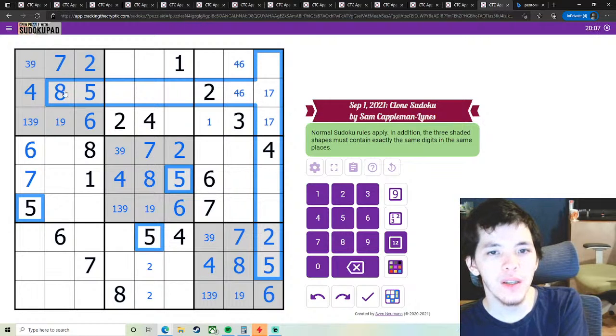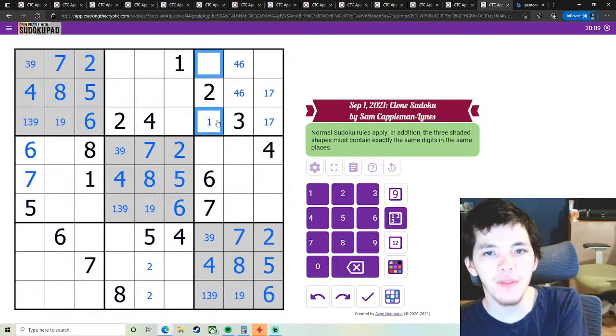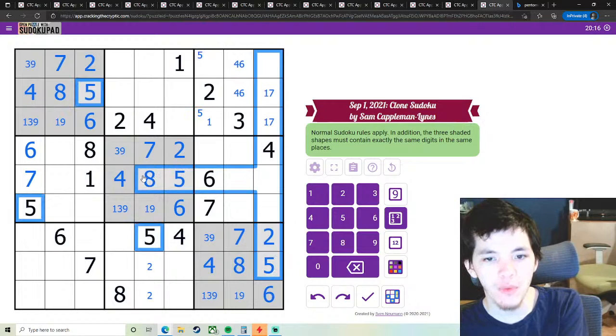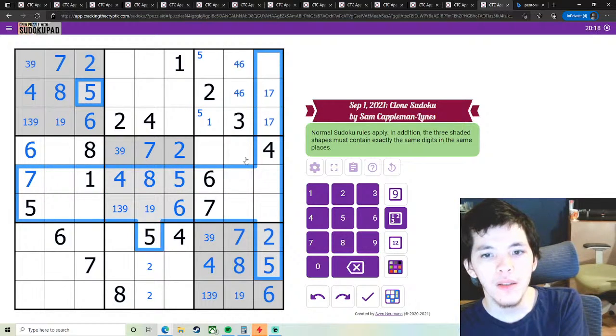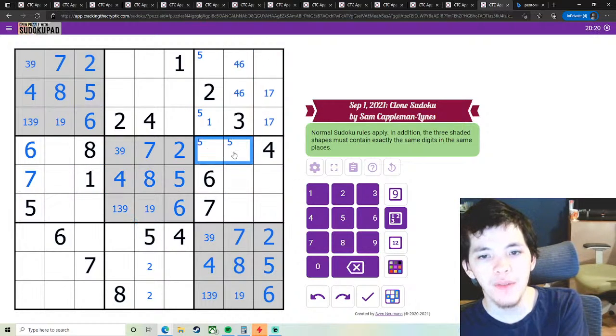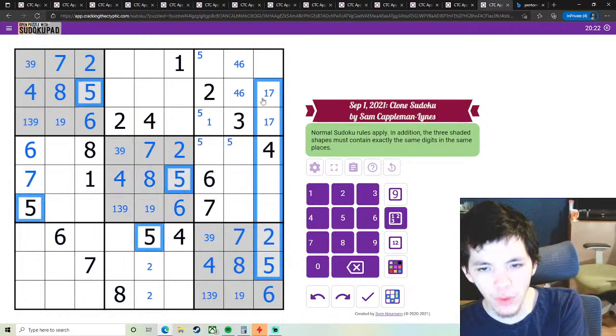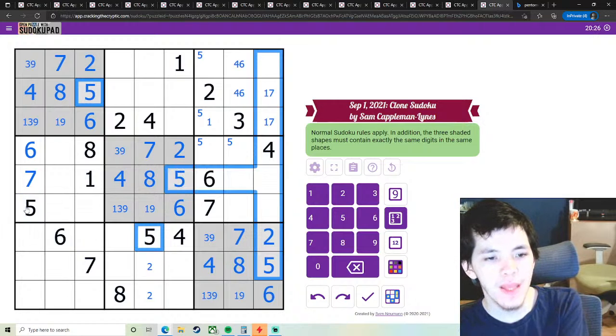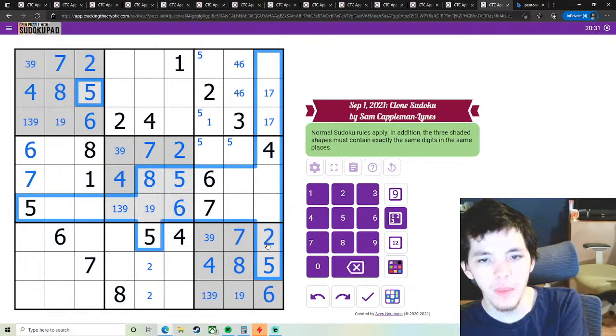Yeah, this one is very interesting to me because the 5s have to go somewhere here. And this is going to be helpful to me because if I do this again with a different box right below it, see how one of these has to be a 5? Because this 5 crosses out that, 5 crosses out this, and this 5 over here crosses out that. Let me redraw that.